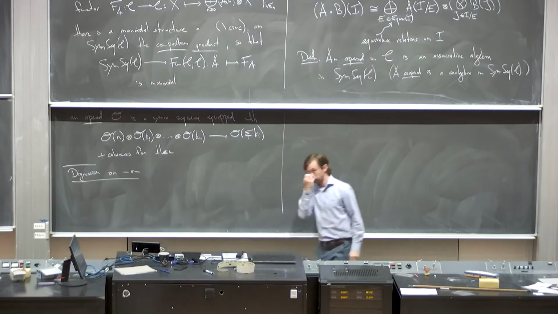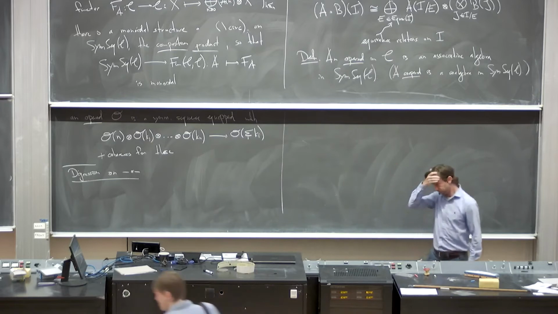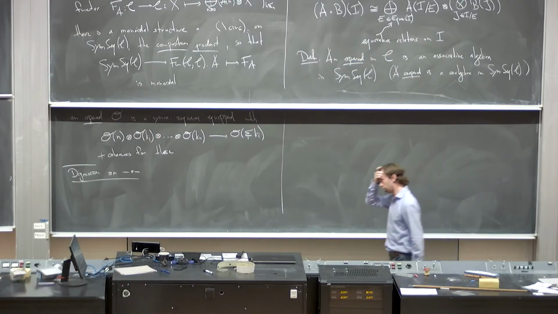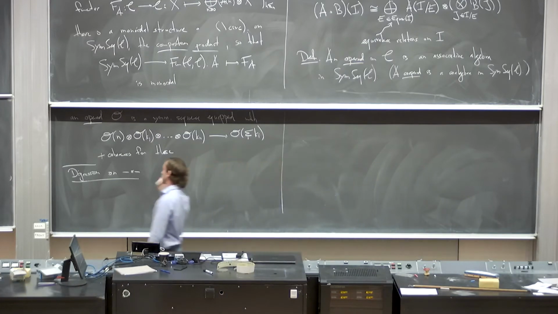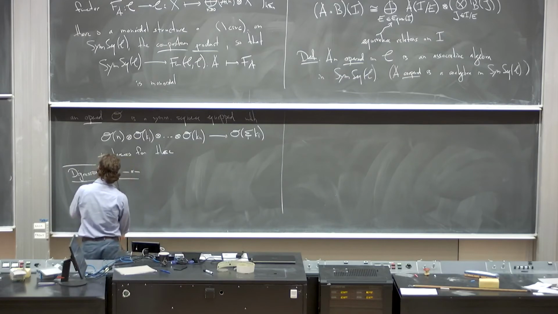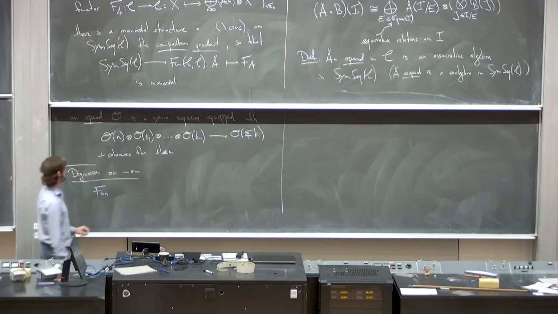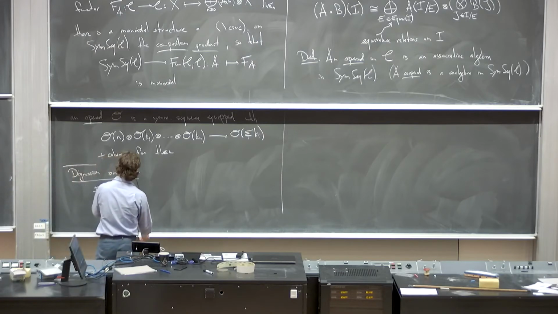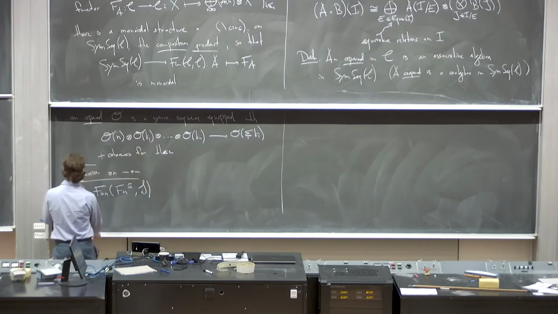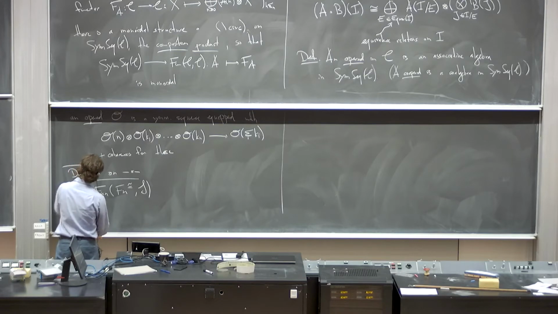Here's one funny way to construct it. What you could do is look at the category of symmetric sequences in just the infinity category of spaces, okay? So look at functors from here to here. So this is symmetric sequences in spaces. And as was already remarked just now, there's another way to make this a monoidal category.